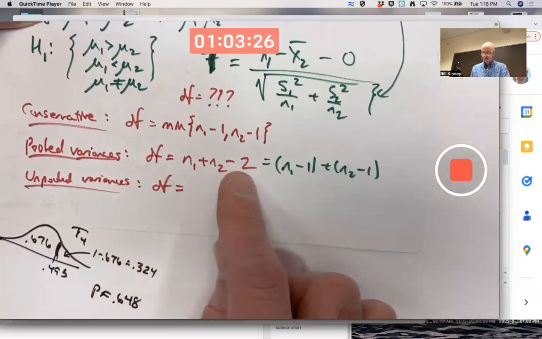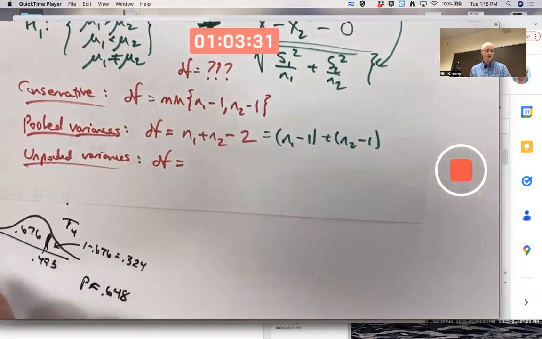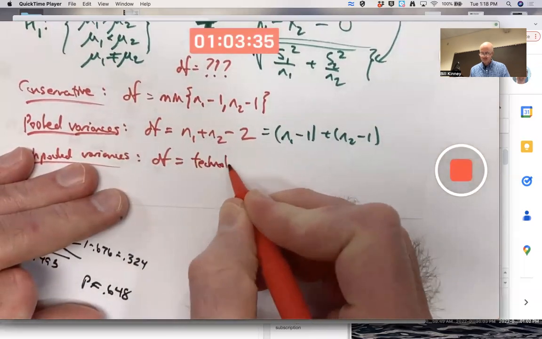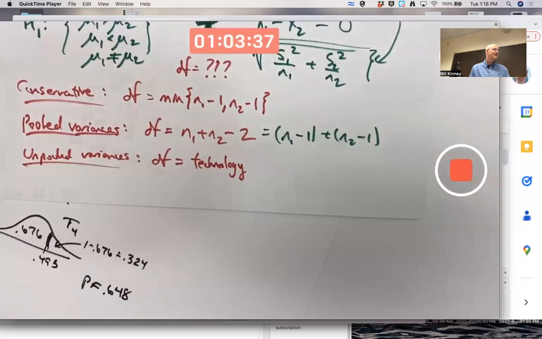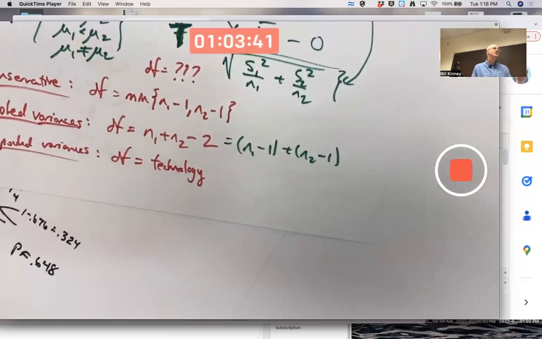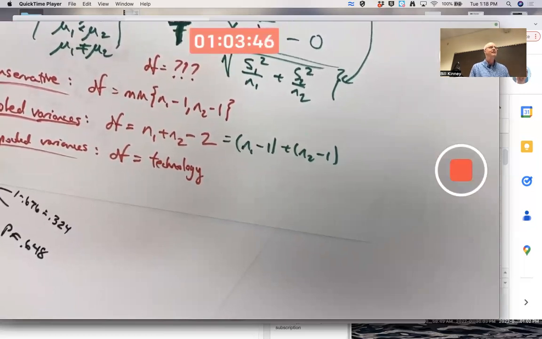When you pool, use this degrees of freedom. When you unpool, use Smith-Satterthwaite or technology. DF equals technology. I'm not going to test you on Smith-Satterthwaite. You won't have to use it on the test, though maybe you have to use technology.